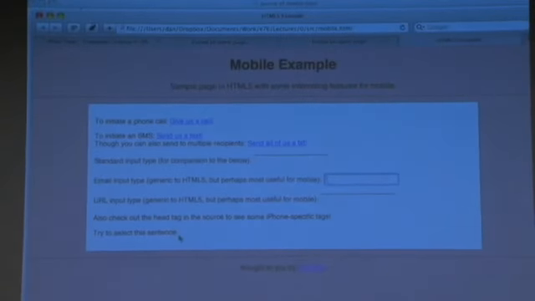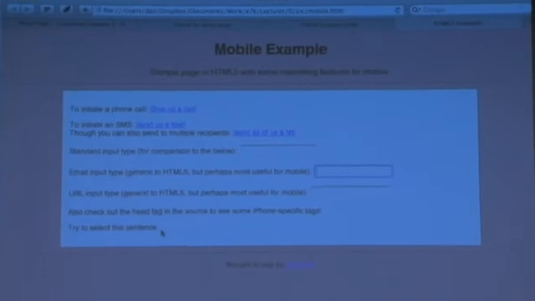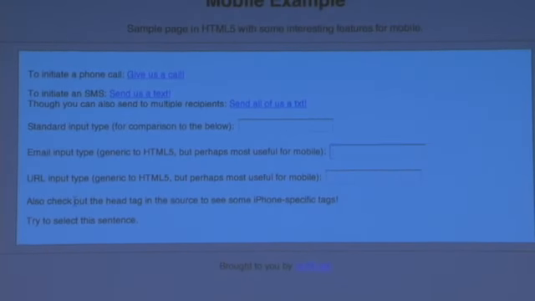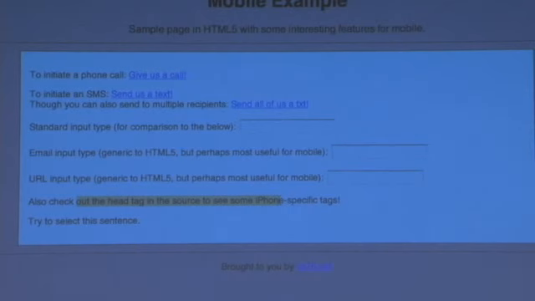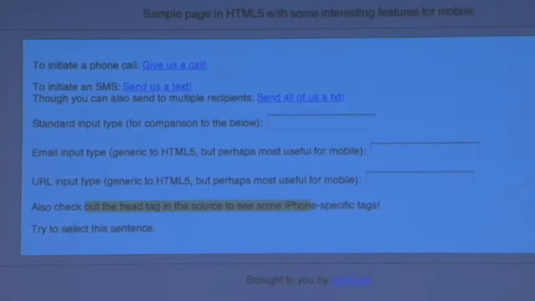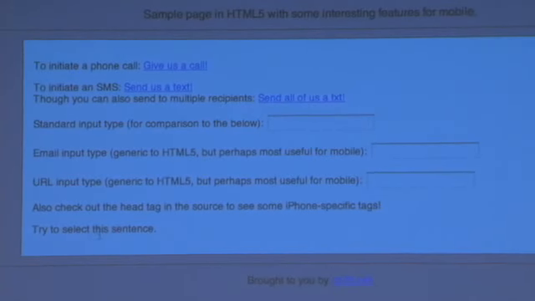And now, one last thing that's sort of interesting, you can actually add some additional WebKit-specific CSS. Notice that at the very bottom there's a sentence that says, try to select this sentence. Normally you can use your mouse or use your finger on the iPhone to select some text within the page. But by adding a WebKit tag, you can actually disallow the selection of that text.